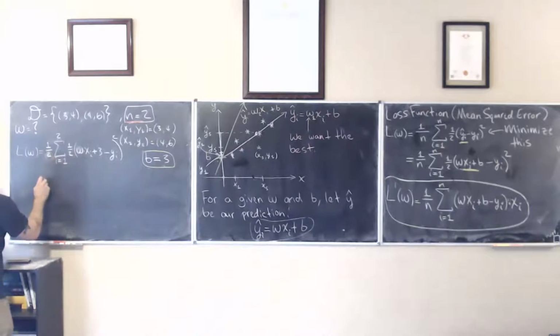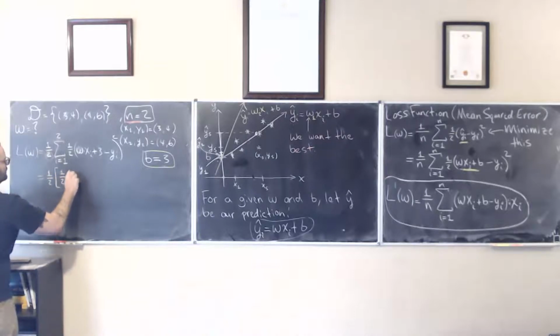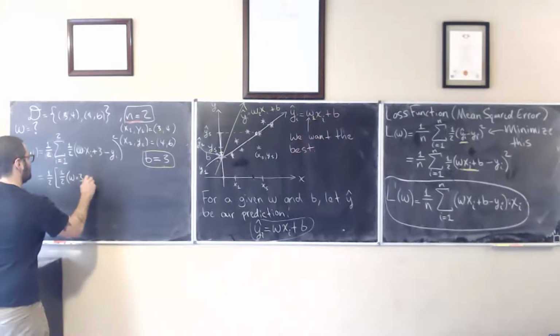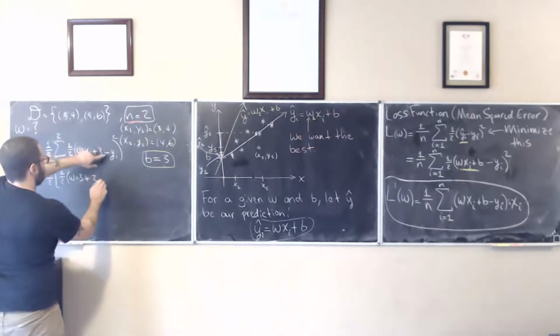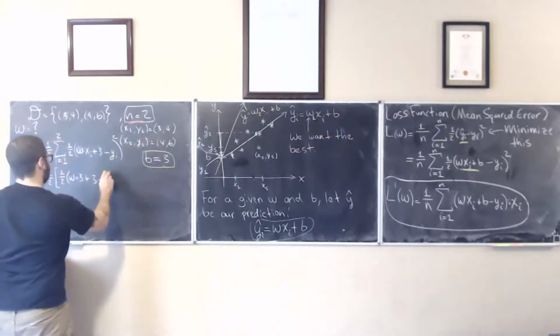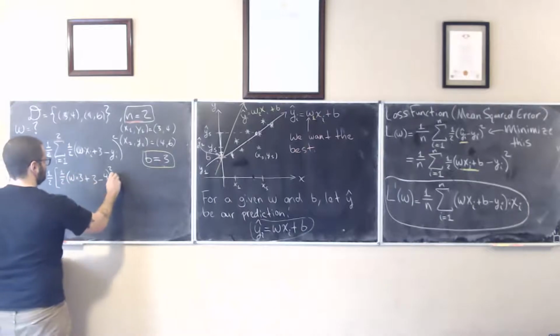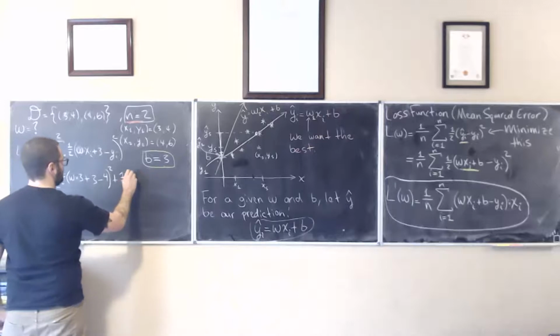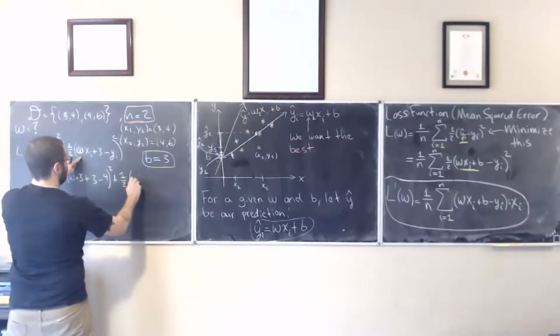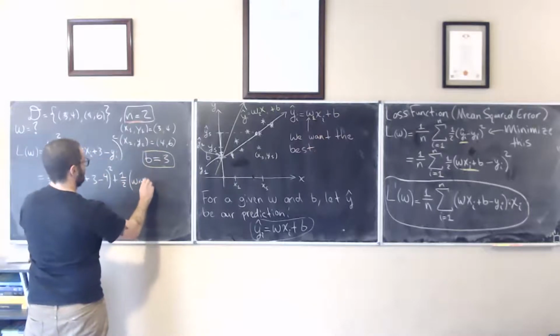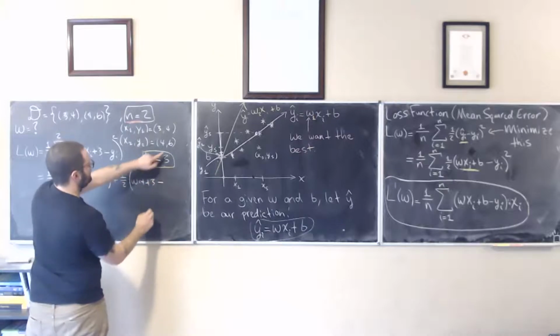So if I write this out completely, this is going to be 1/2 times W times x1, which is 3, and then b is 3, and y1 is 4, all squared. And then W times x2, which is 4, plus b minus the y.